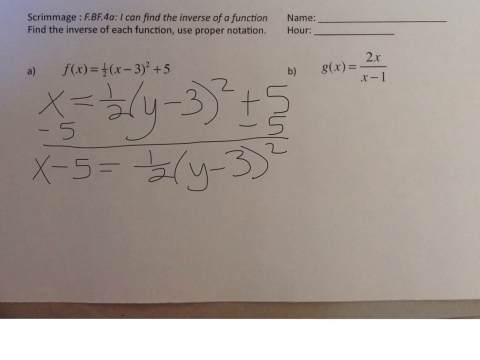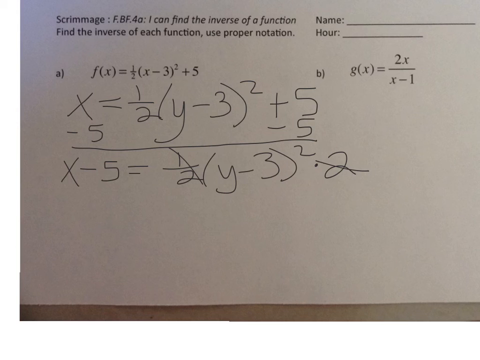And then the next thing we get rid of is the 1/2. The way we get rid of that is by multiplying by the reciprocal, which is 2, and doing the same thing on both sides, making sure to use parentheses so that you are multiplying both the x and the -5 by 2. You can leave it like that, or like in the other problem, you can distribute the 2 out if you would like.